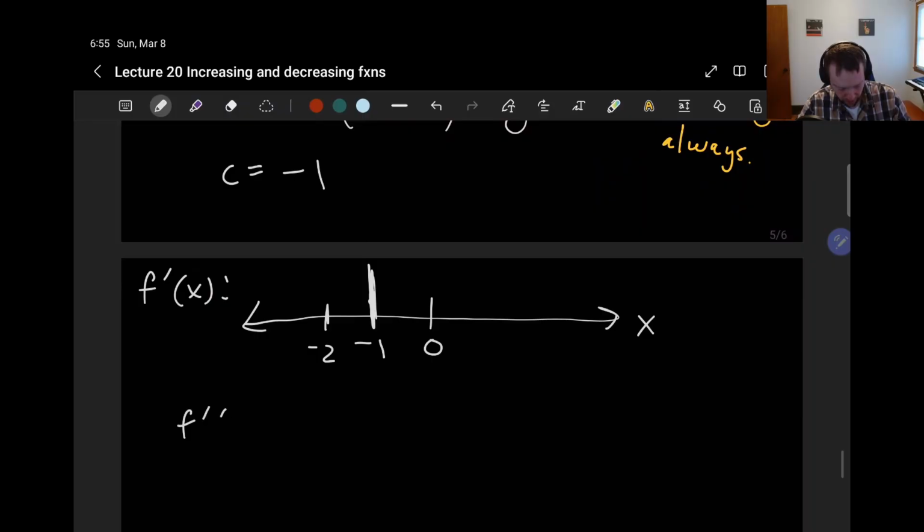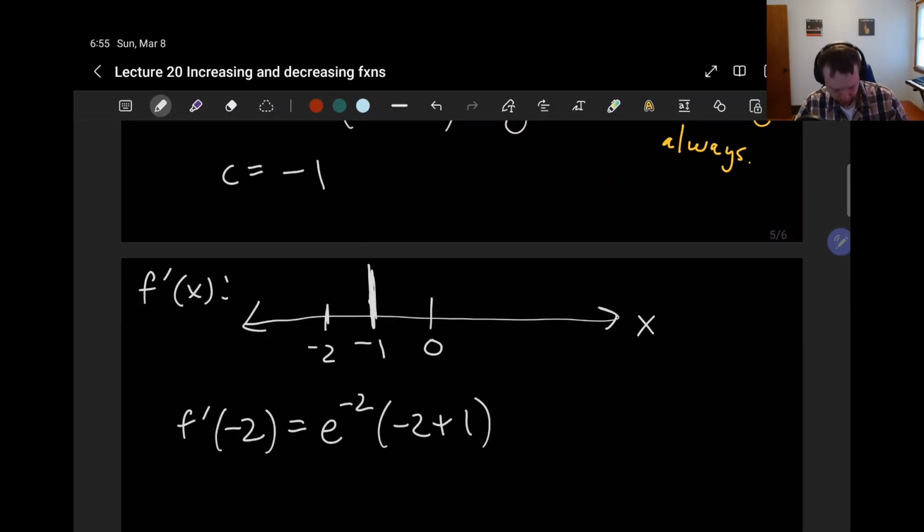So f prime of -2. f prime was e to the x times x plus 1. And this will be positive again. It's always positive, but this is negative. So a positive times a negative means that we are negative.